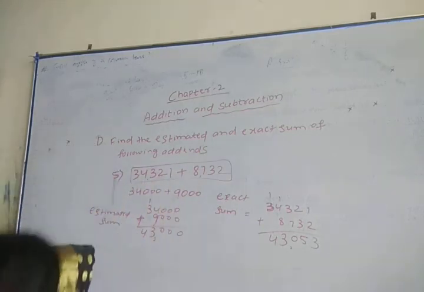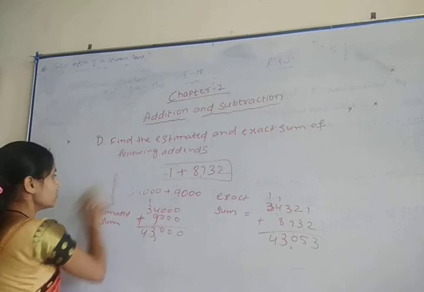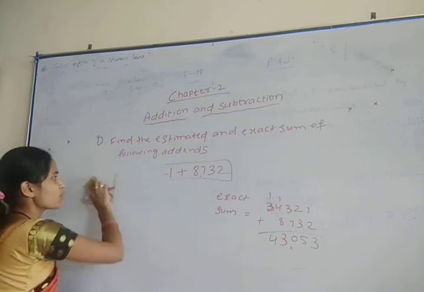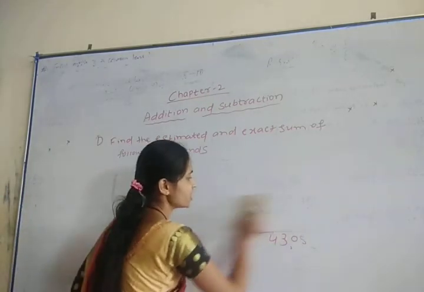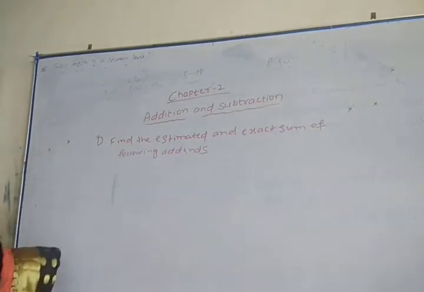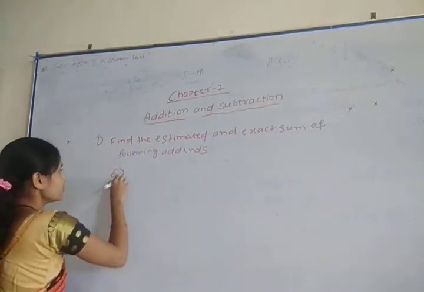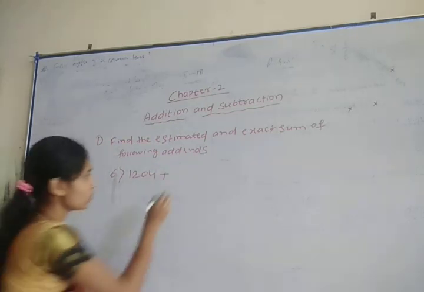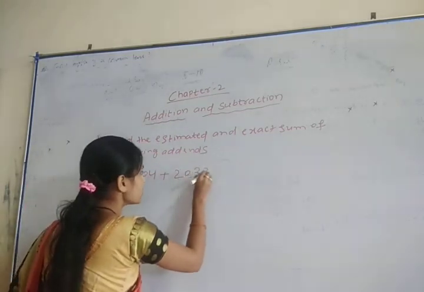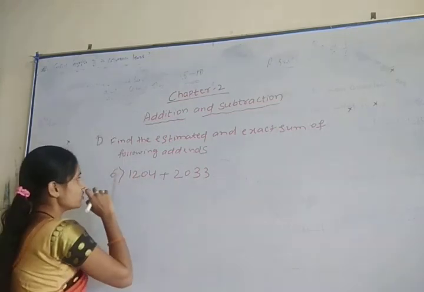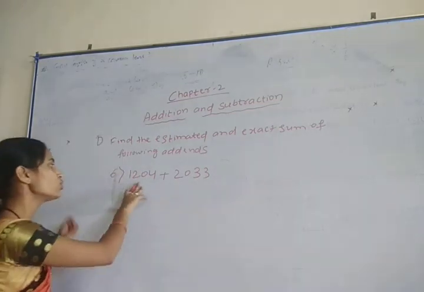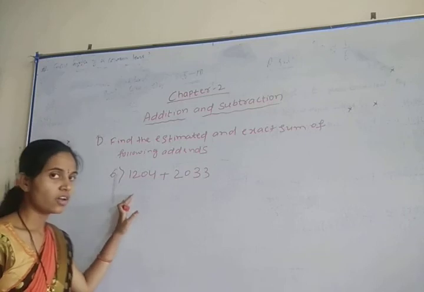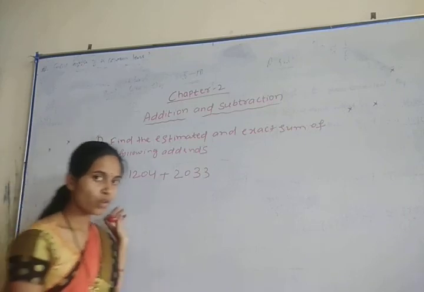Okay. Now let us solve the last problem in the D question, and it is 1204 plus 2033. Students, tell me whether 1204 is nearer to 1000 or it is nearer to 2000.